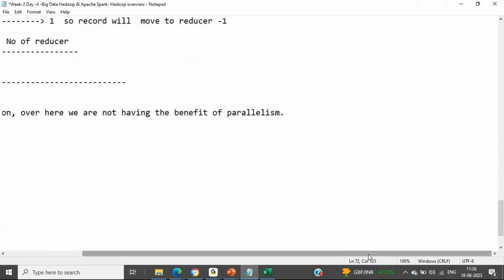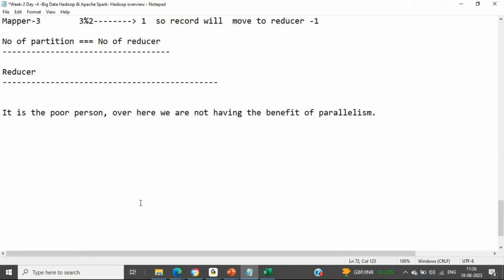And is it preferred to have reducer-less jobs or not? Try to think and answer. Try to think for a minute and give me the answer.